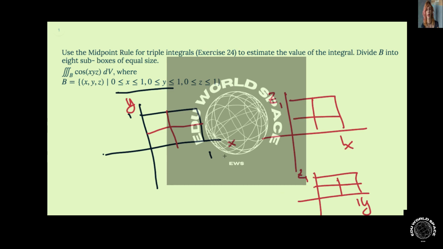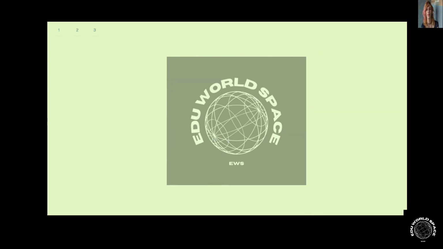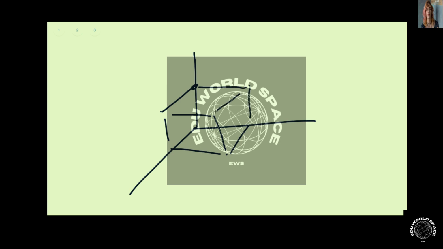So if we really look at this, let me put it over here in 3D, about 1x1, 1x1. Okay, and we split each one of these faces into quarters, right?